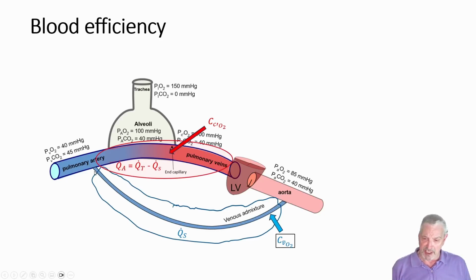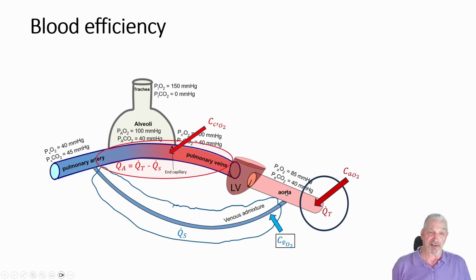And so it comes in with a venous oxygen content and goes back out with a venous oxygen content and mixes in with the freshly oxygenated blood from here and makes it a little worse. So that at the end of the day, the oxygen coming out here in the cardiac output has an oxygen content which is slightly less oxygenated than it was at the end of the pulmonary capillary, because we dumped this virtually deoxygenated blood into it.